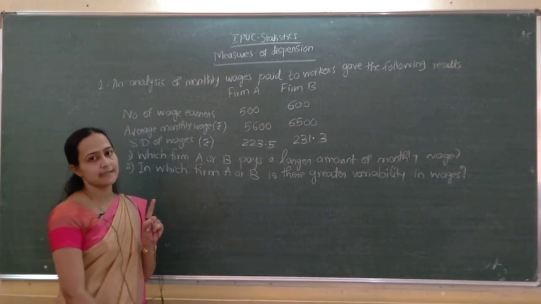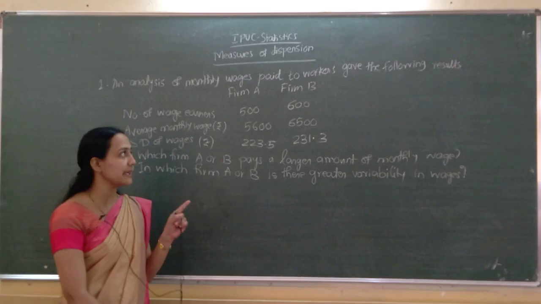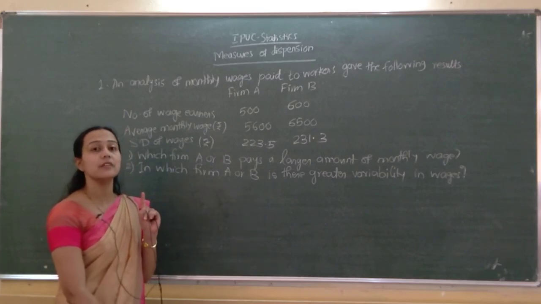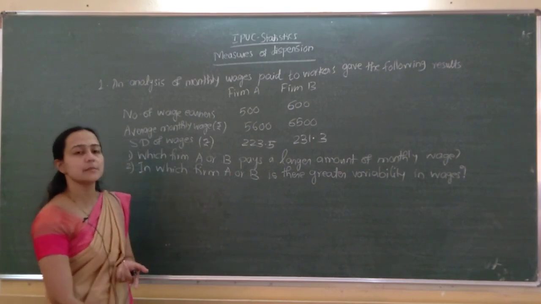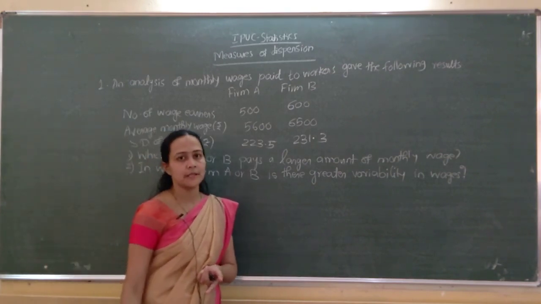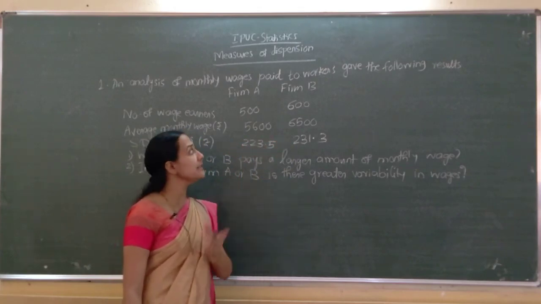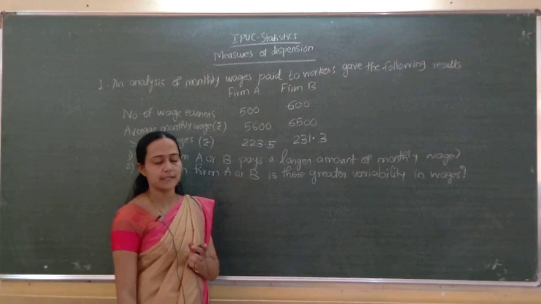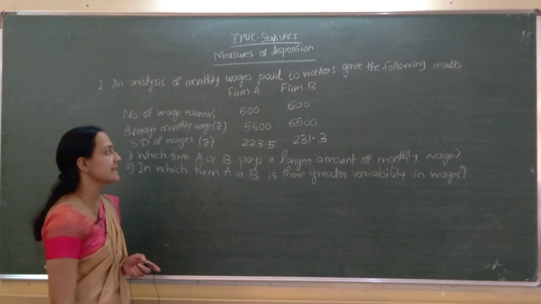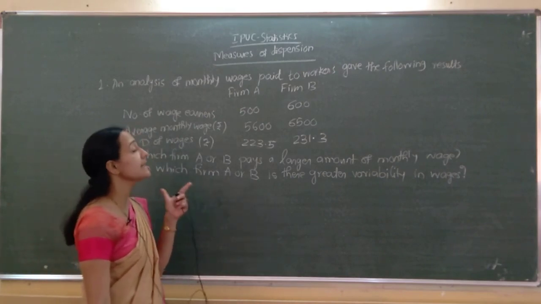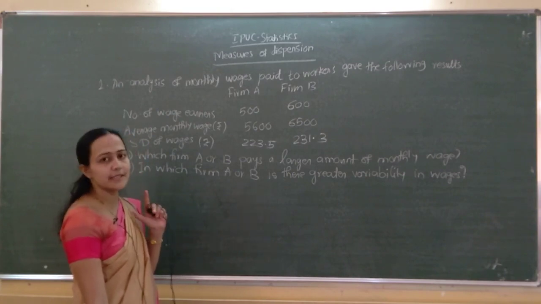Number of wage earners means number of employees in firm A and number of employees in firm B. Then average monthly wage means X bar, the mean wage of firm A and mean wage of firm B. Then standard deviation of wages of firm A and standard deviation of wages of firm B. This much information is given.